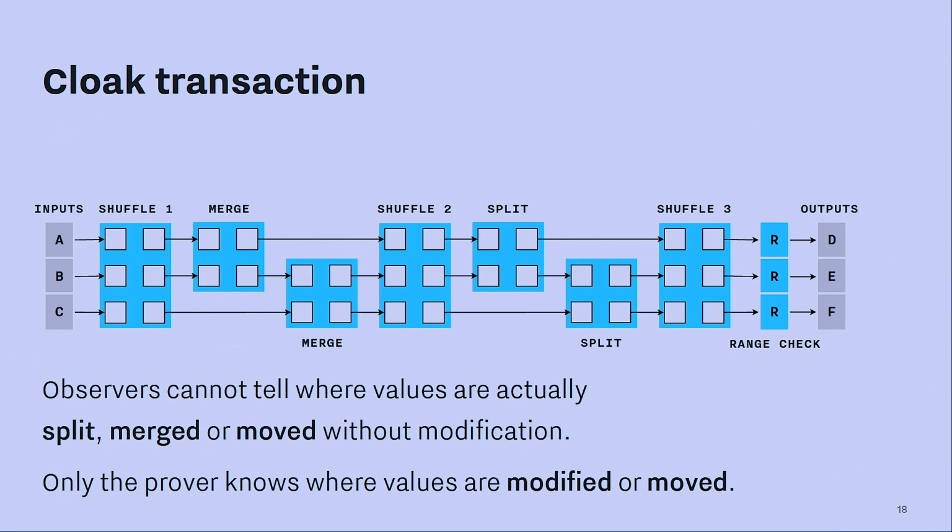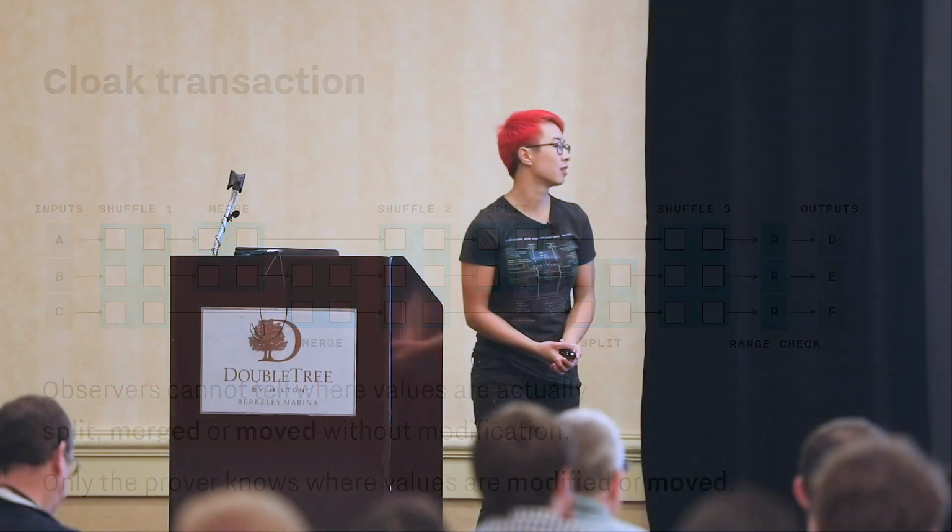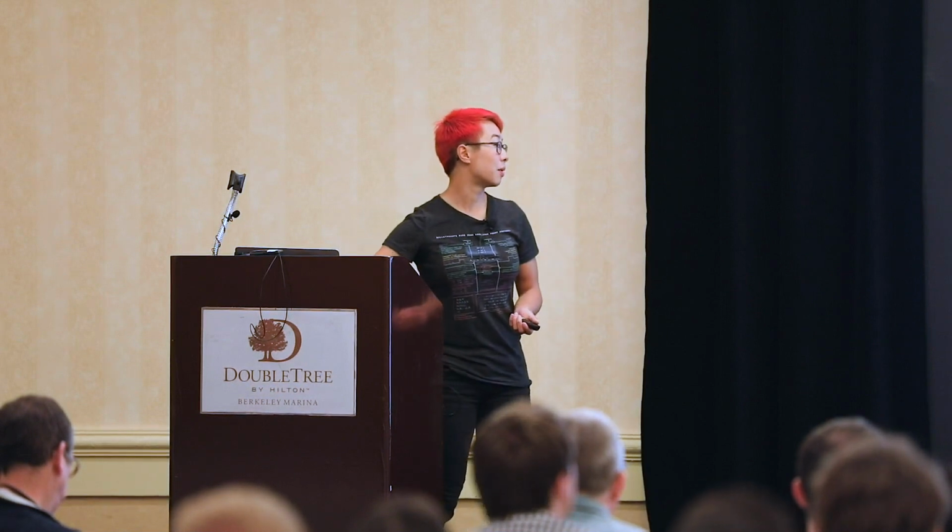And you can do that without actually knowing how the inputs were split, moved, merged, but you can still verify that the proof is correct. So only the prover knows where the values are modified or moved, and they obviously have to know how they're modified or moved because they have to construct the proof.